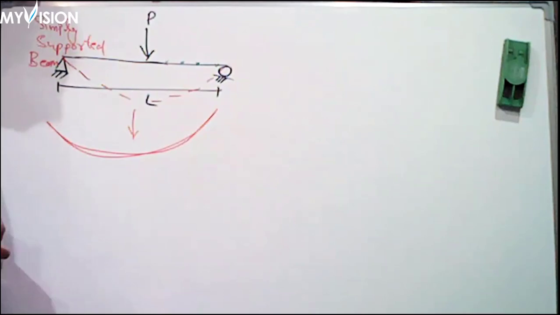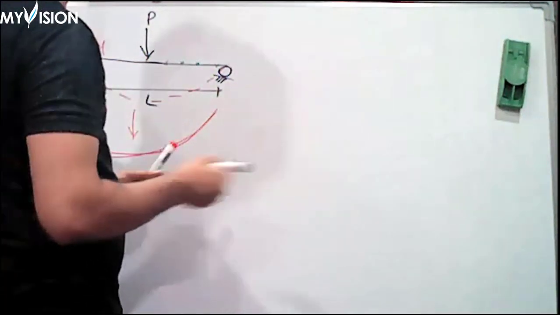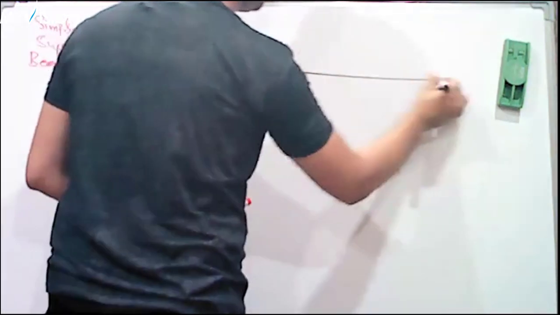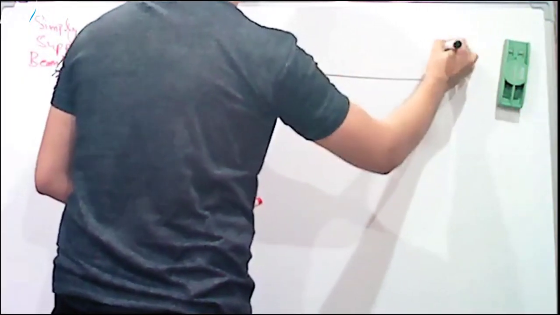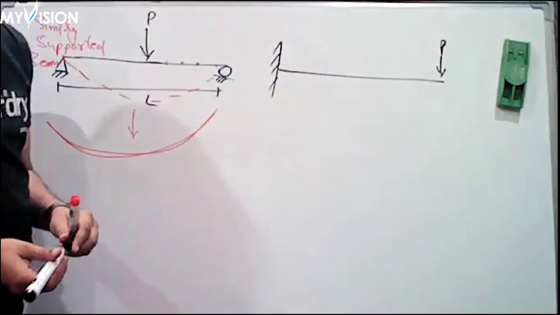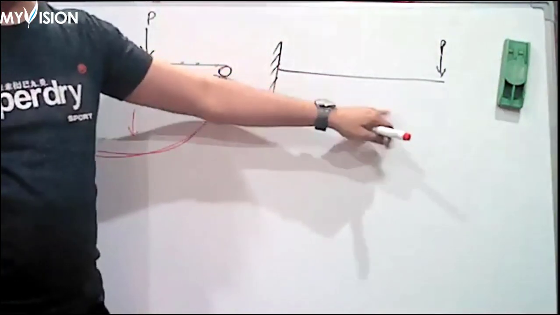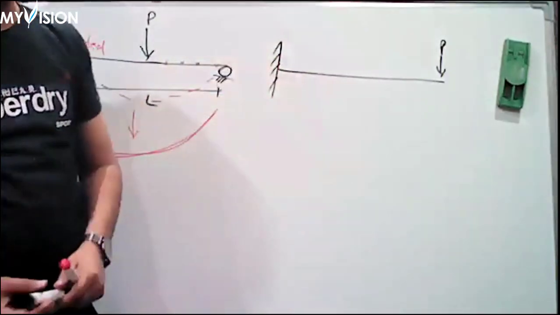simply supported beam. But if the beam is a cantilever beam, do you know what type of beam is cantilever? It is again subjected to a P load, point load. What will be its bending part?